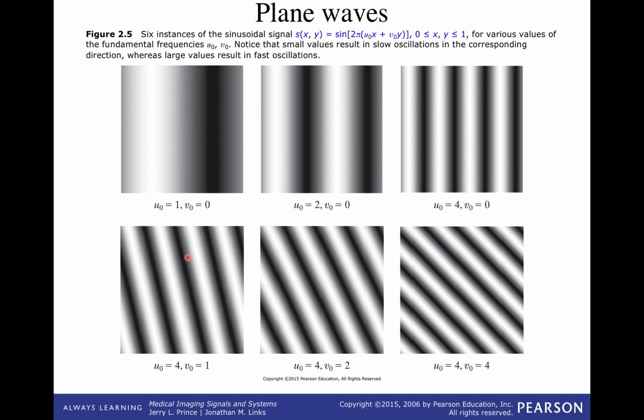Now, the interesting stuff happens when you actually make mu naught not 0. We still have a plane wave of a specific frequency, oscillating. It's just tilted now, right? And the angle of that tilt is proportional to the ratio of these frequencies.